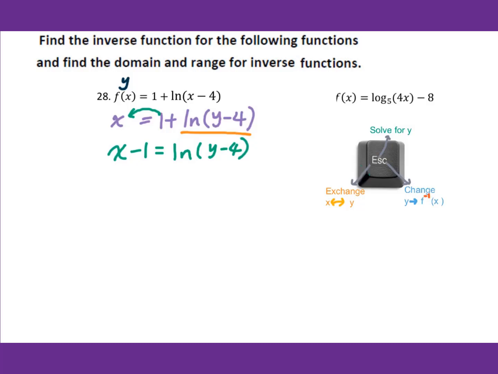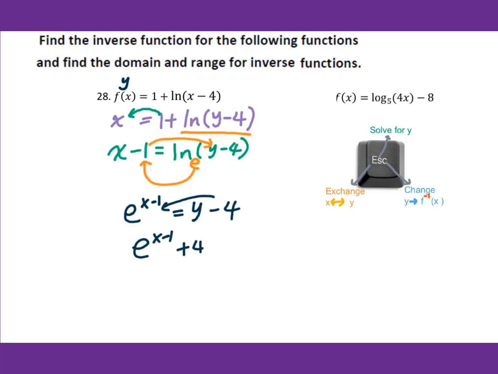Then we need to change into exponential form. Natural log base is e. So we got e to the x minus 1 power equals y minus 4. Then we add 4 both sides. e to the x minus 1 power plus 4 equals y. Then we change into the inverse symbol. We got e to the x minus 1 power plus 4.